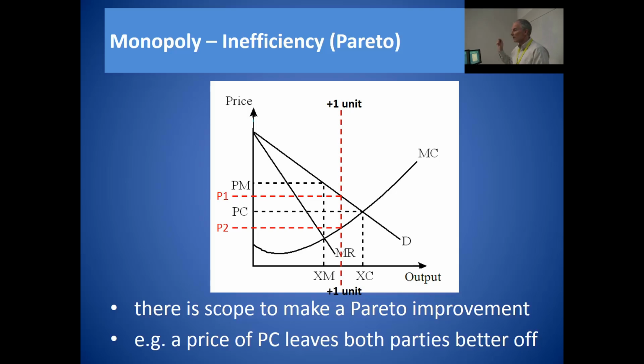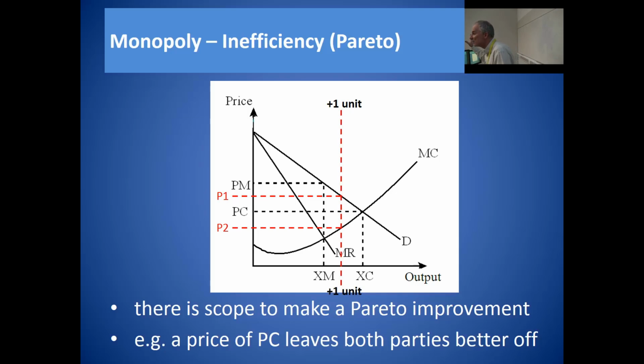Well, yeah. They're paying a lower price for something they value more highly. So if we, on that one extra unit, said, let's sell it for a price of PC, consumers would be better off. They would be prepared to pay up to a price of P1, but they only end up paying a price of PC. So consumers are obviously better off.